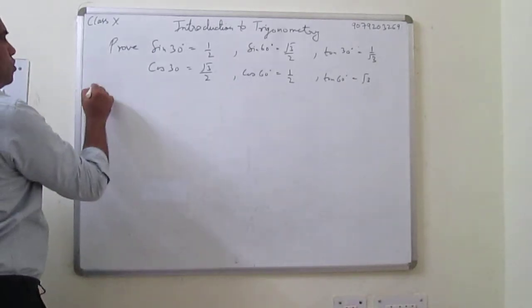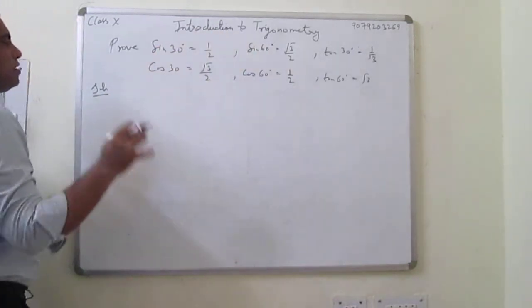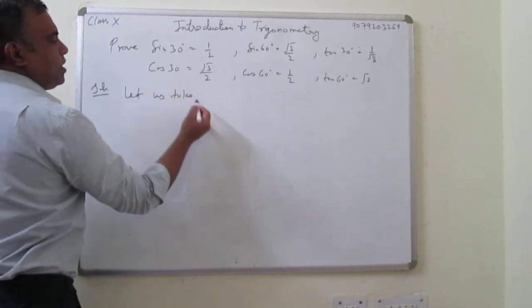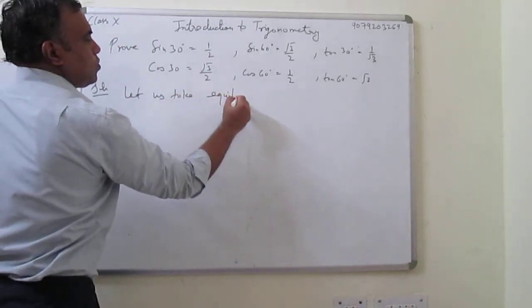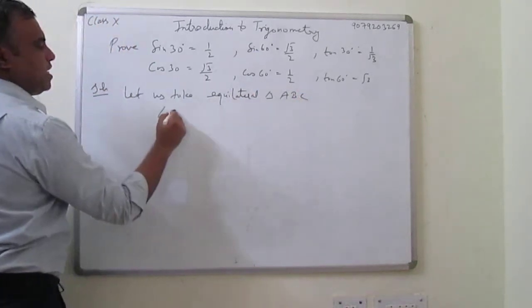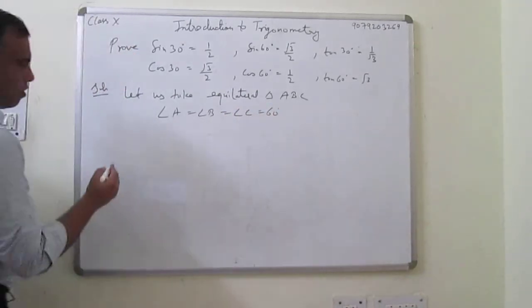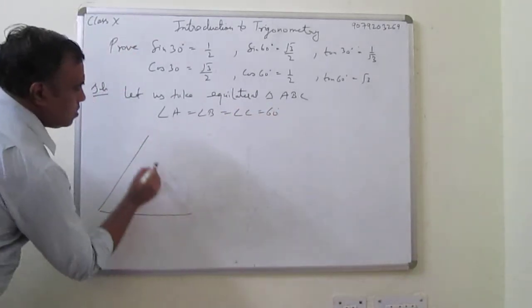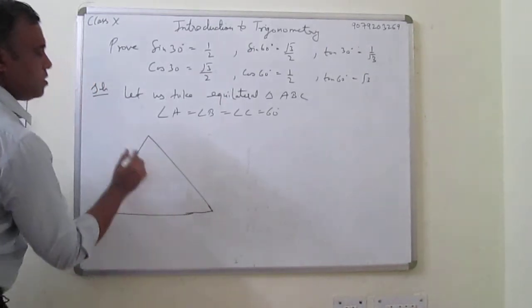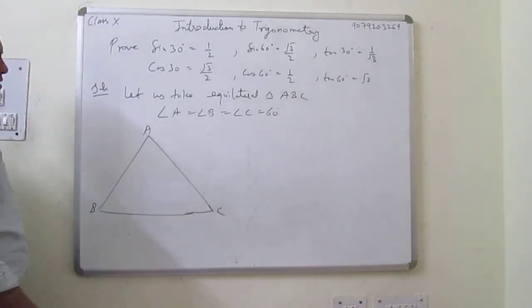Now, solution. Prove the trigonometric ratios of 30 and 60. Let us take an equilateral triangle ABC, that is, angle A, angle B, angle C are each equal to 60 degrees. ABC is an equilateral triangle.